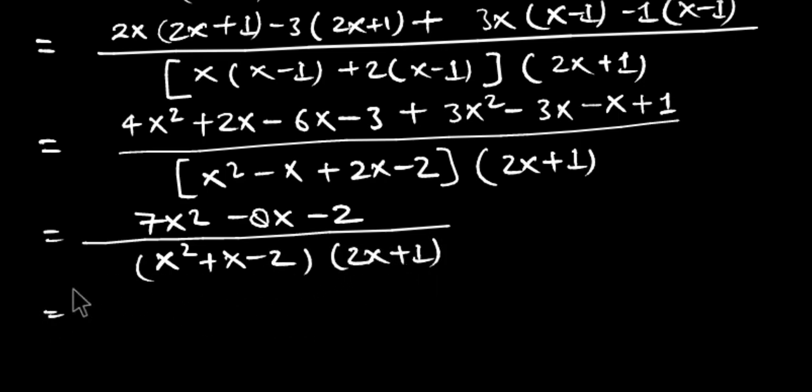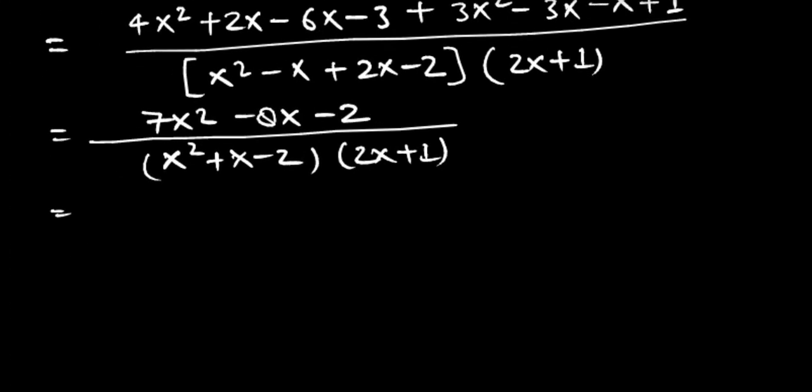This is basically just simplification. I hope you know how to simplify polynomials, how to multiply polynomials, and how to divide polynomials. I'm just simplifying these polynomials by multiplying inside the bracket, as in the question.